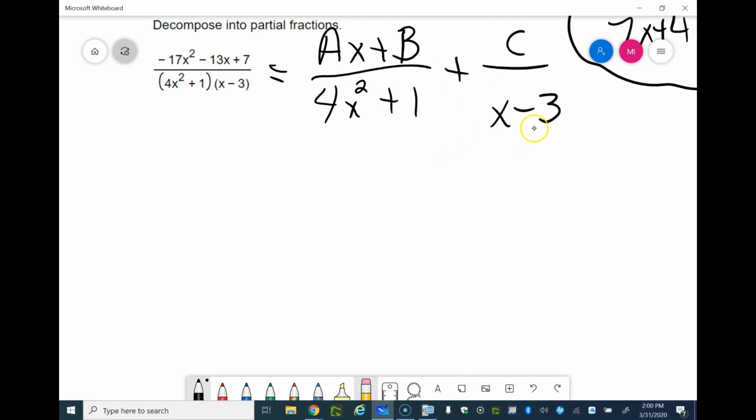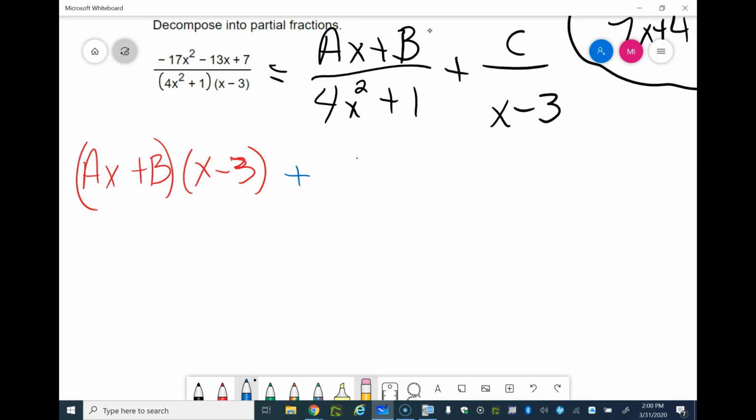So now we figure out what's missing. The c is missing this side. The ax plus b is missing the x minus 3. So we just kind of multiply, show the multiplication for that part. So I have ax plus b, and it's going to be times x minus 3. Then I have c, and it's going to be times 4x squared plus 1.